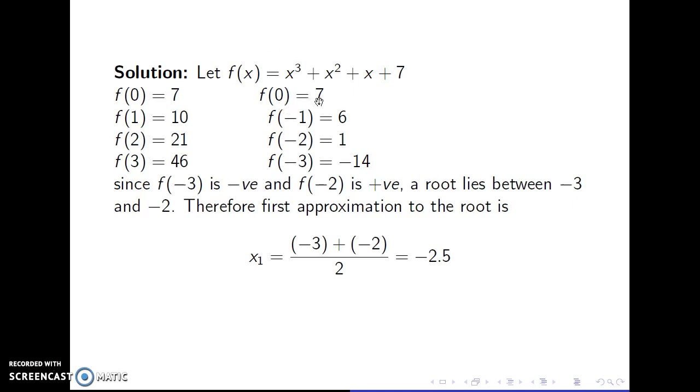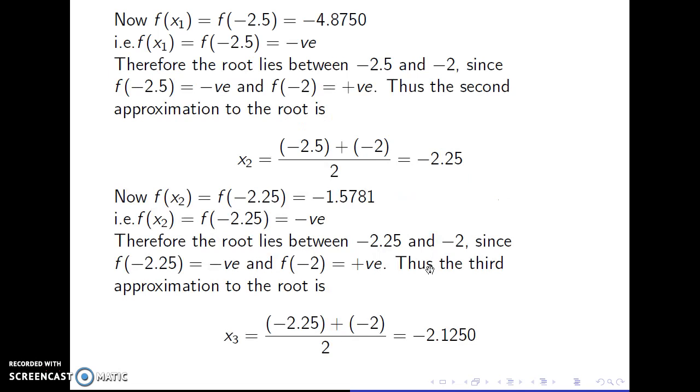f of 0 is 7, f of -1 is 6, f of -2 is 1, and f of -3 is -14. So here we got opposite signs at the interval -3 and -2. We will assume this is the first interval. So x1 equal to (-3 + -2)/2, that is -2.5, the first approximation.